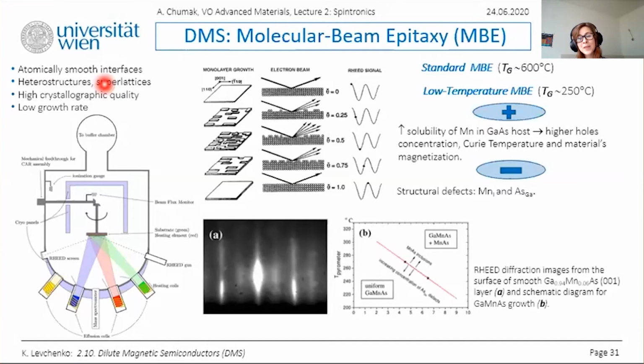Coming back to physics, the major feature that actually enables these qualities is the UHV chamber. UHV stands for ultra-high vacuum. This environment is very important for the material growth.